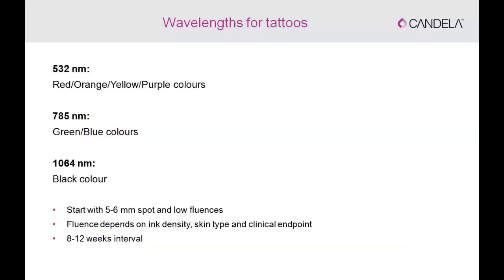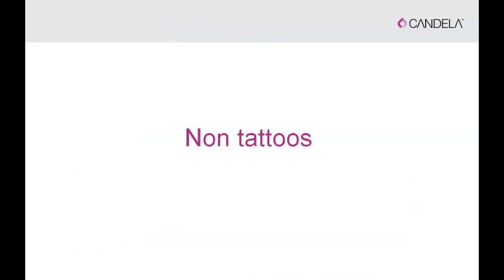I personally prefer an 8 to 12 weeks interval, particularly if there is a lot of density of the ink. That is to allow time for the macrophages to clear as much of the pigments as possible. In general, for the black tattoos, you would need around 1 joule to start getting clearance. So I would suggest you start with a 6 millimeter spot.